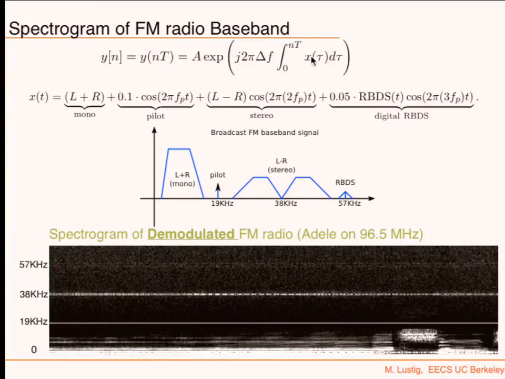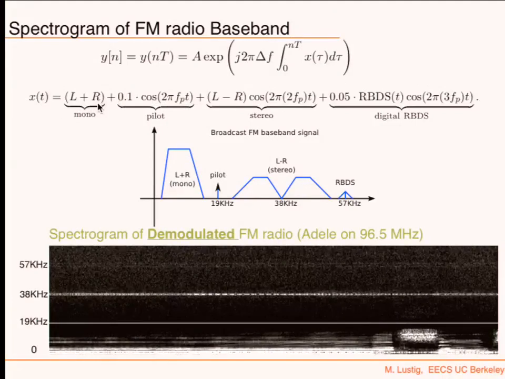x of t, and this is actually interesting because this is how broadcast FM works. x of t is the baseband. It's really the information that is sent. That's what your radio is going to be decoding. So x of t is this signal that is going to be frequency modulated.